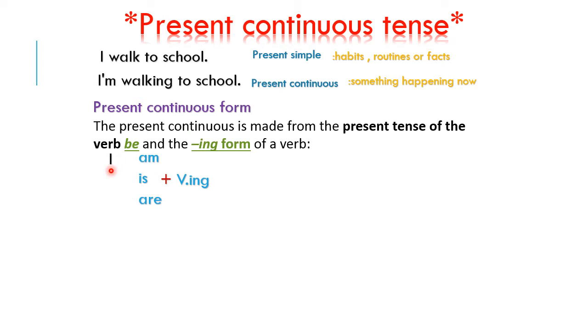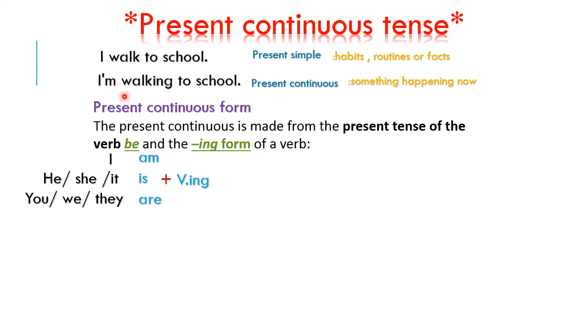So if the sentence starts with I, I will use am. If the subject of the sentence is one of these, he or she or it, I will use is. So I will say he is or she is or it is. If the subject of the sentence is one of those, which is you, we, they, then I will use are. I will say you are, we are, they are.